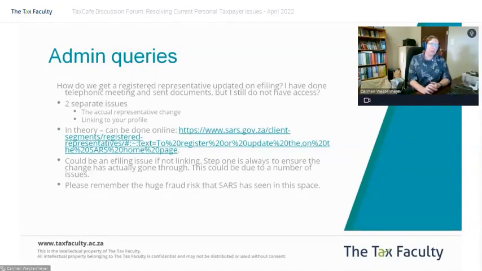The one real big problem in this, and I'm going to give SARS a little bit of credit here. They have seen an extraordinary amount of fraud with respect to taxpayer profiles and changes in represented taxpayer details over the last couple of years. In particular, we had a spate over the last 2 years where they tried to make the process easier, and effectively people abused that to take over the profiles and submit fraudulent tax returns.